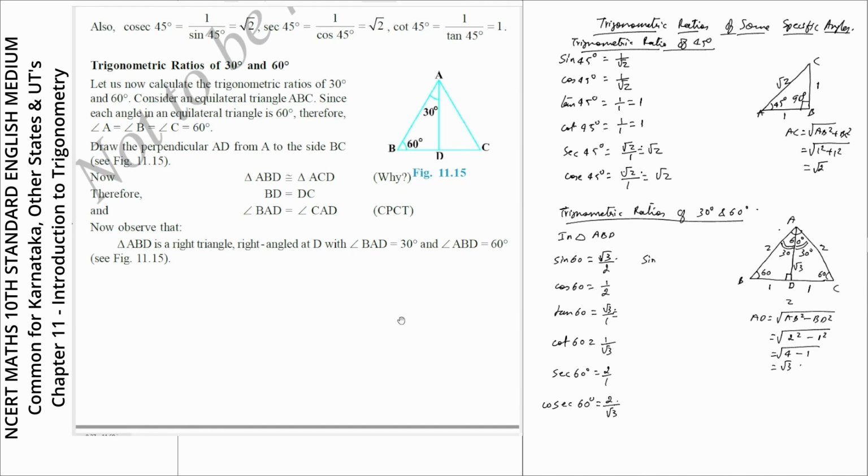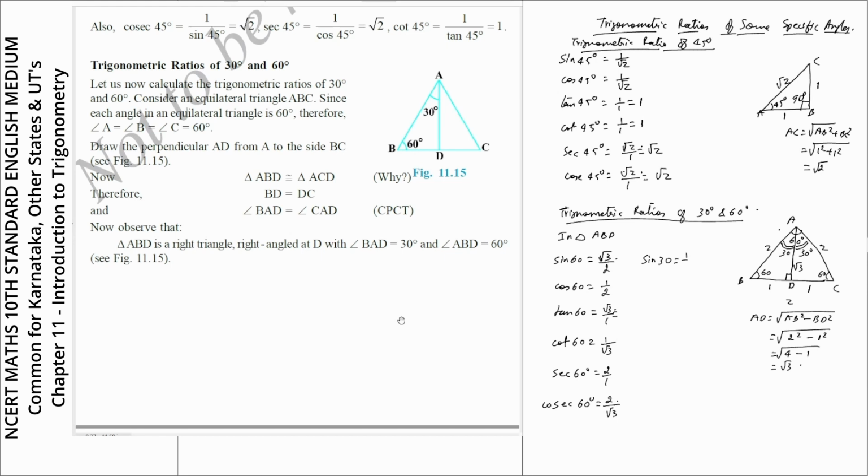Okay, similarly, now what is sin 30 degree? Now consider the same triangle ABD. Now angle A is divided into two equal parts, that is 30 degree and 30 degree. Now with respect to angle A, sin 30 degree will be equal to opposite by hypotenuse.